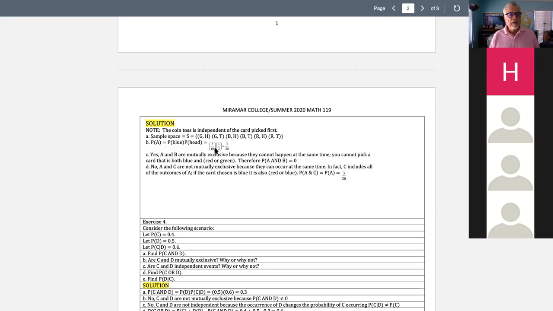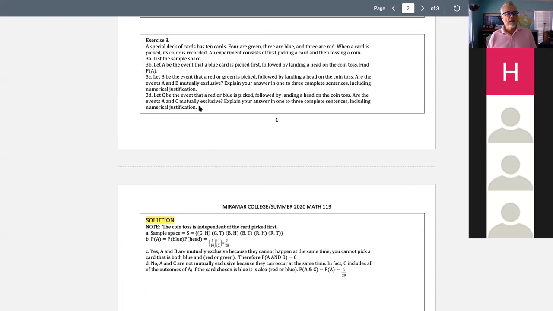Now B again is our event that a red or green is picked, followed by landing a head. Now A is the event that a blue card is picked. So A and B are mutually exclusive because you can't have the joint occurrence of blue and red or green.